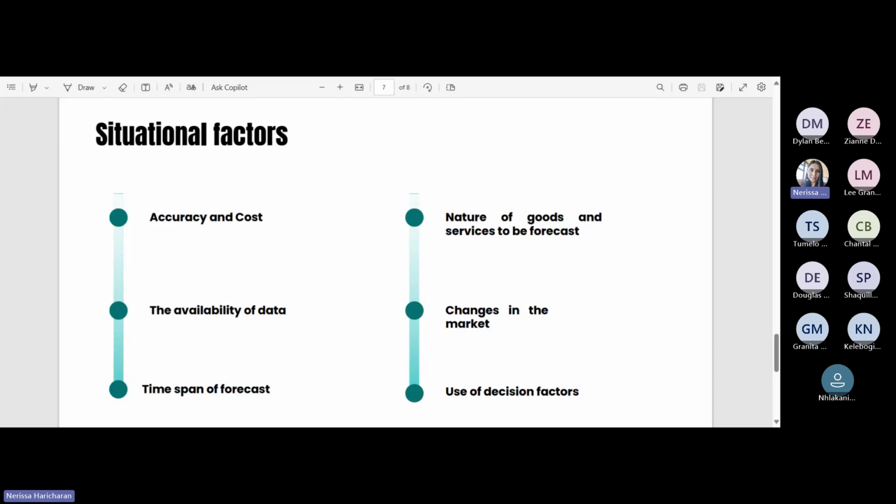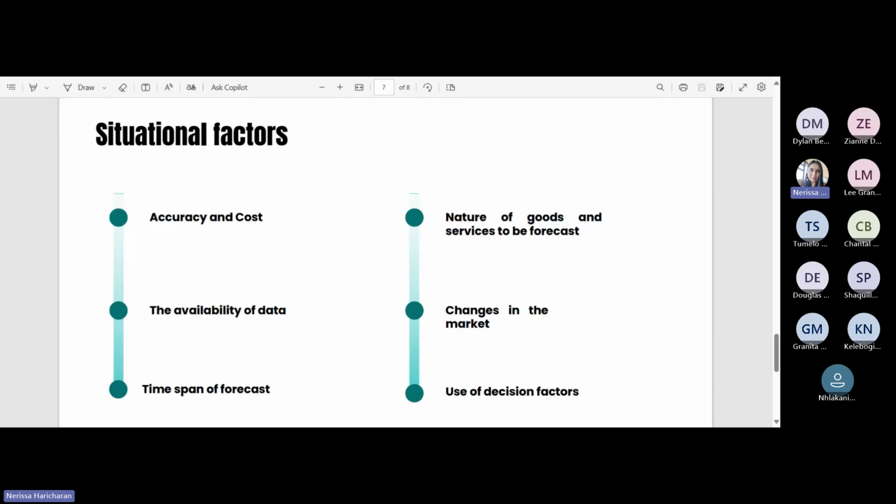So the higher the accuracy, the higher the cost, which means you are looking at more of an innovative or technical tool to get the information that you require, whether it is getting outside parties to do interviews for expert opinions, or historical data from the industry or from the market.